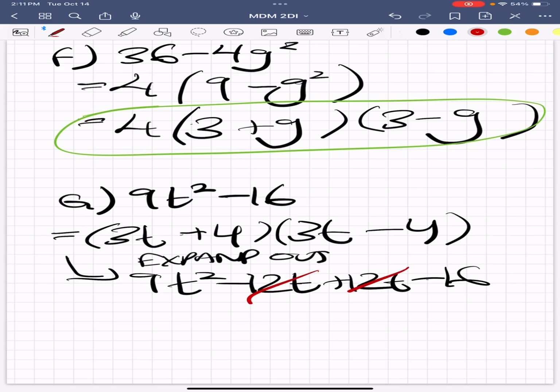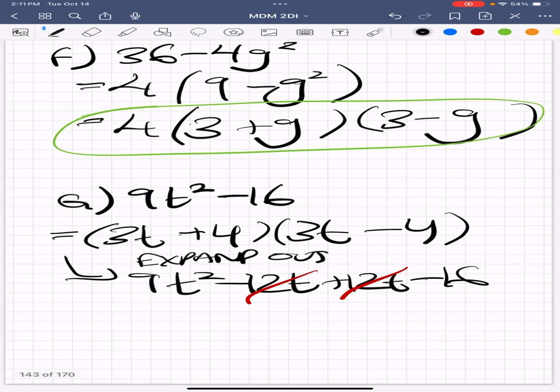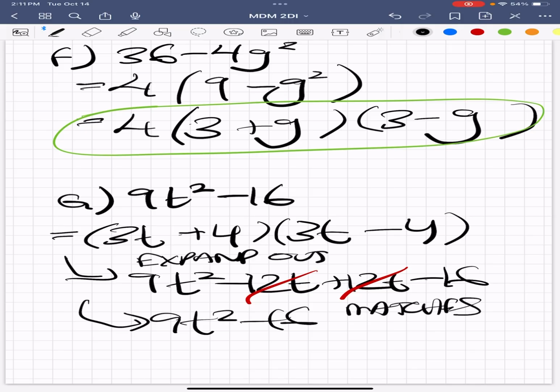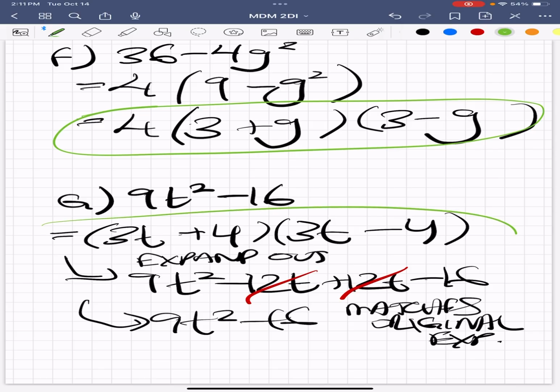And then they cancel each other out. Minus 12t plus 12t cancels out. 9t squared minus 16, and that matches the original expression. And then we have our answer there. Okay, moving on.